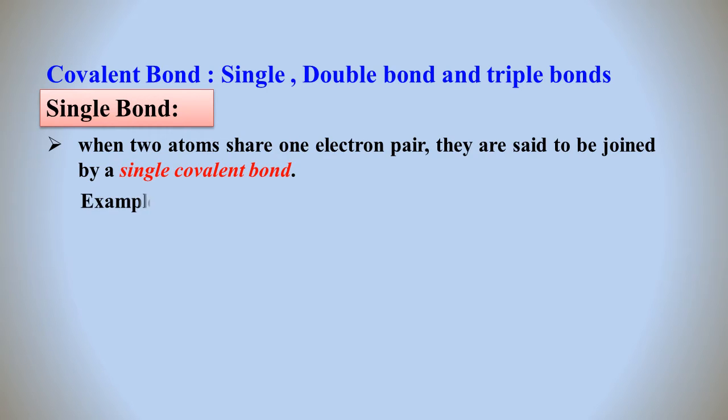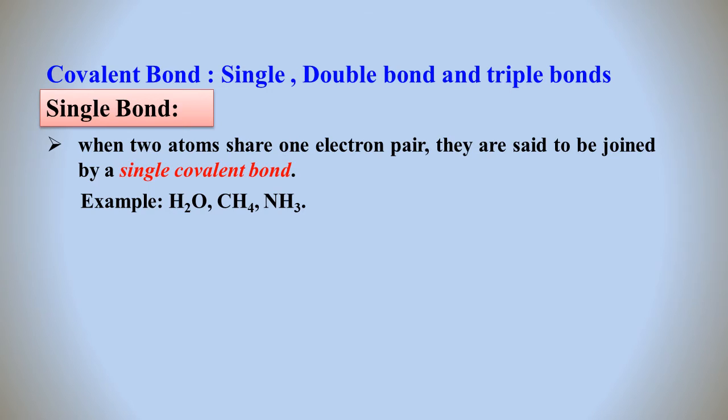Okay, we have examples for single covalent bond. We have water, H2O. Oxygen here is more electronegative and takes two electrons from the hydrogen atoms, so we have here two single covalent bonds. We have methane, CH4, where carbon is tetravalent and makes a sharing, taking electrons from four hydrogen atoms, contributing electrons with them.